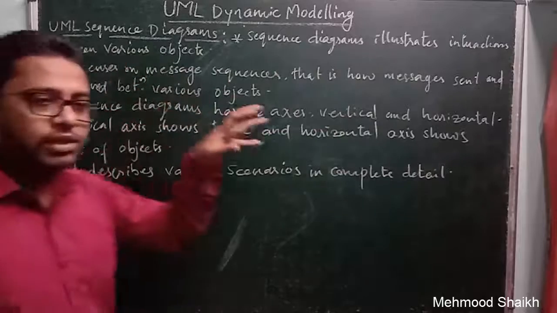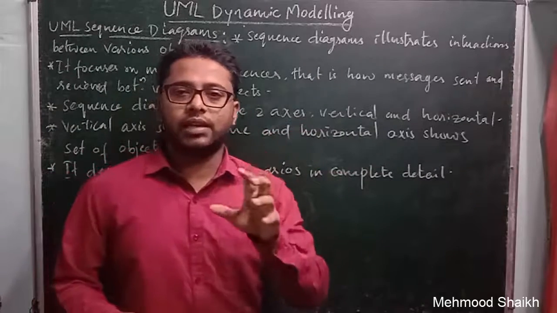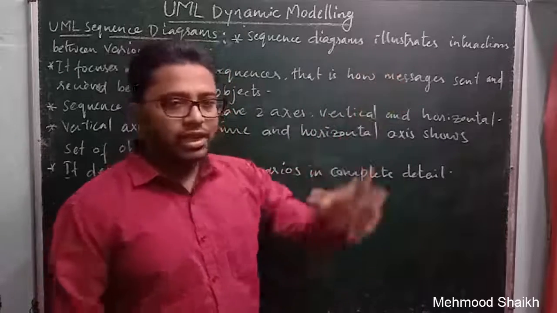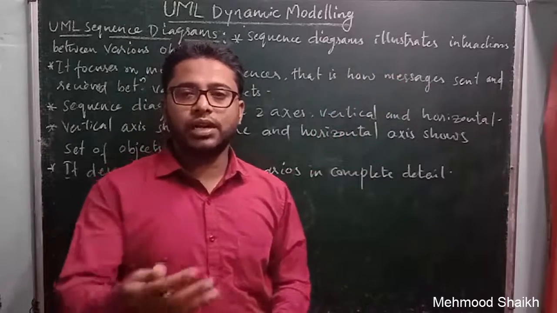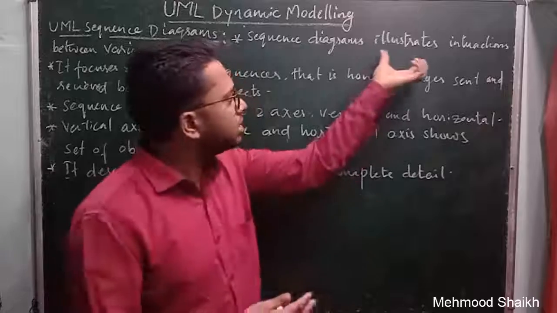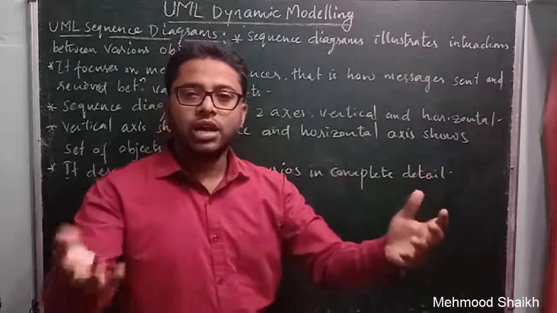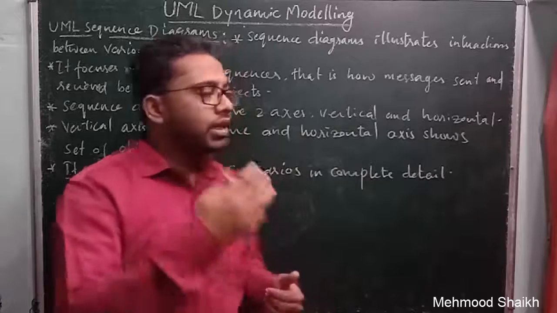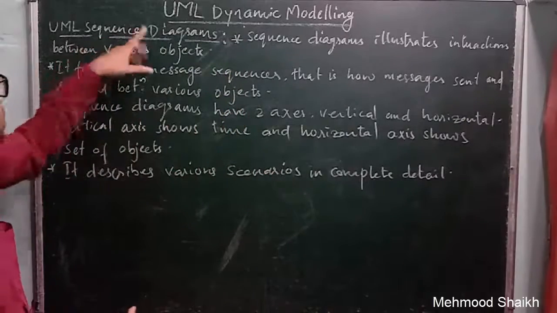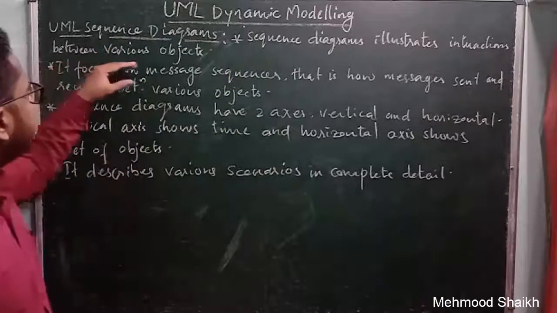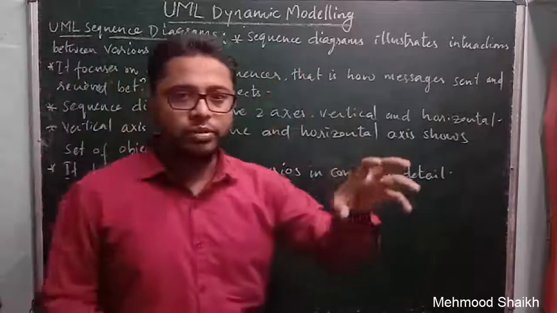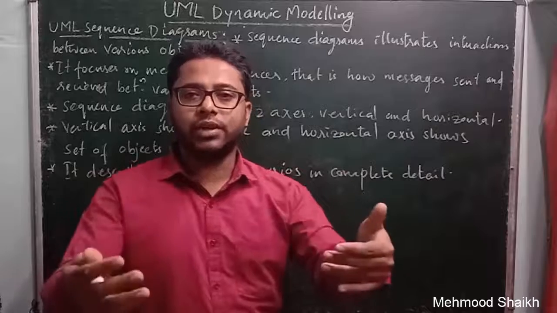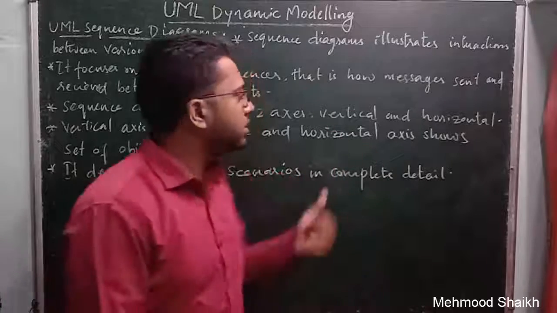With the help of sequence diagrams, the analyst or the development team can come to know the various interactions between the user and the system. We can easily illustrate or demonstrate those interactions between the user and the system, between various objects, with the help of sequence diagrams. How the system will be interacting with other objects, all those things we can easily depict with sequence diagrams.